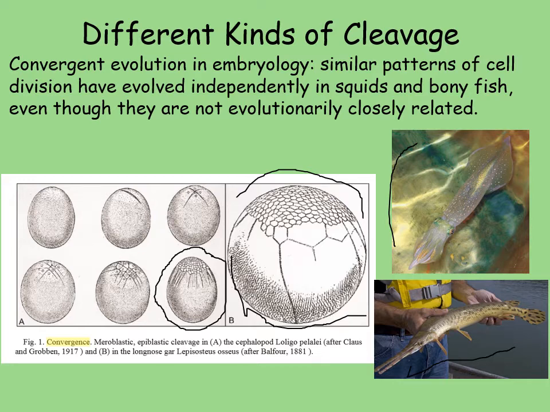One of them is a mollusk, one of them's a chordate, a vertebrate, but they have converged on a very similar looking embryo. Because of that, just having cleavage patterns looking similar is not enough to say, okay, these groups are necessarily related. So that's something to keep in mind, that embryology is not a perfect way of establishing relatedness.